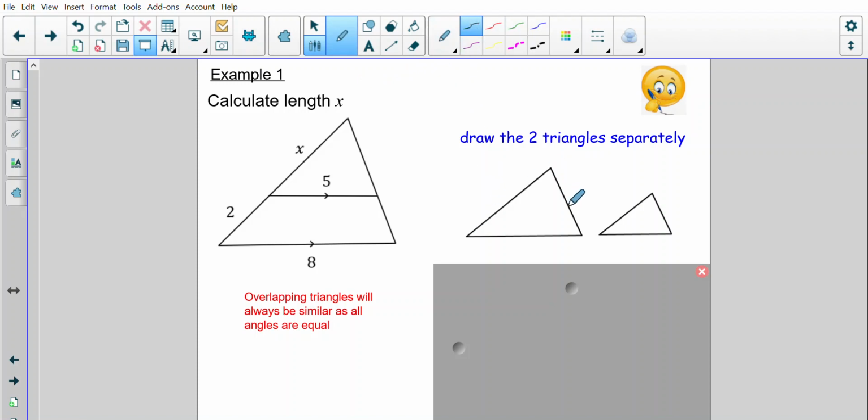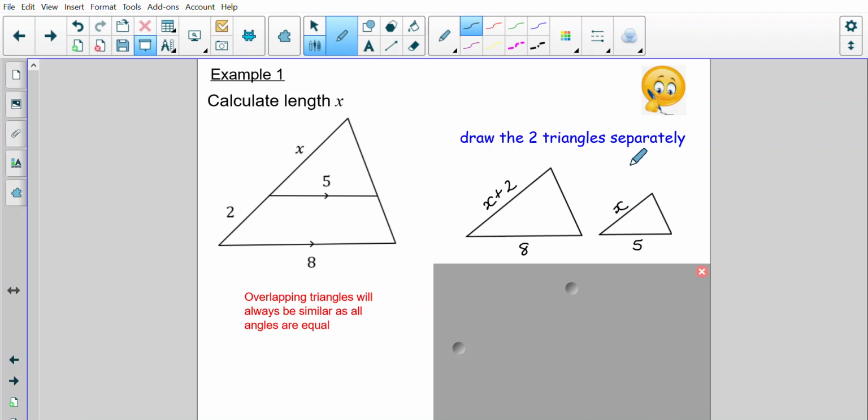So if I've got my larger triangle, I know that this is length 8, and in the smaller triangle, I've got length 5. In the larger triangle, what we have to remember is this length here is actually equal to x plus 2. And then in the smaller triangle, this is my length x.